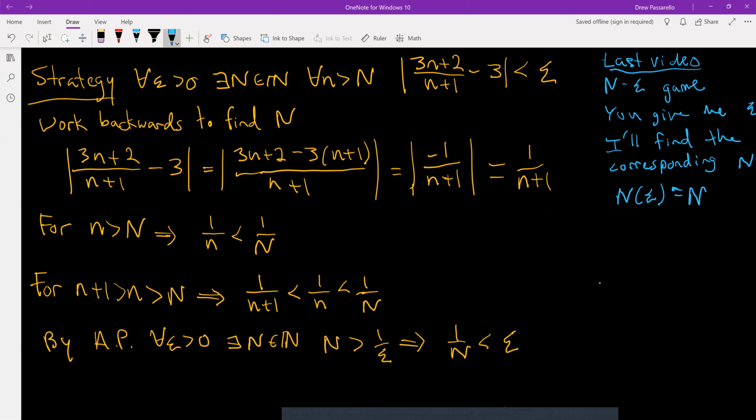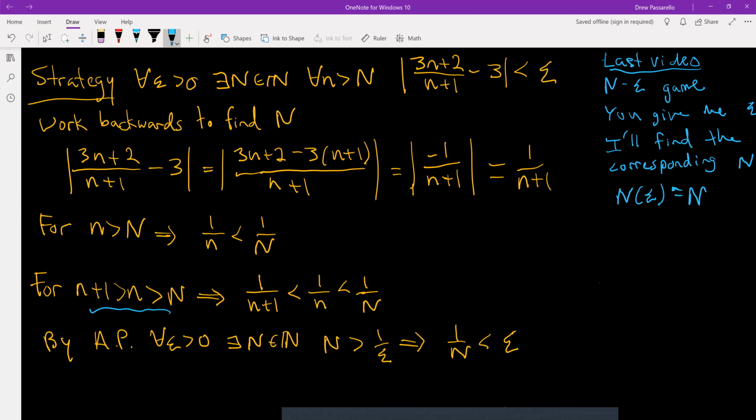If we start out with a bigger number and take the reciprocal, the 1 over the bigger number is going to be smaller than the 1 over the other number. That's why I have the inequalities: n plus 1 greater than n, and we want n to be greater than capital N. So I reverse the inequality signs so that I have 1 over n plus 1 less than 1 over n, which is less than 1 over capital N.